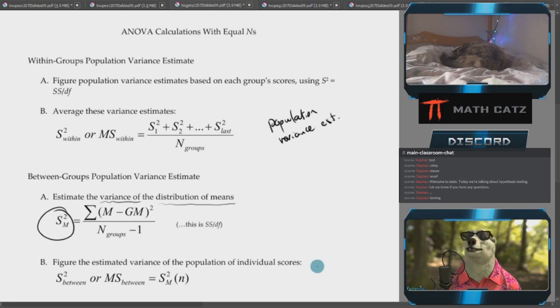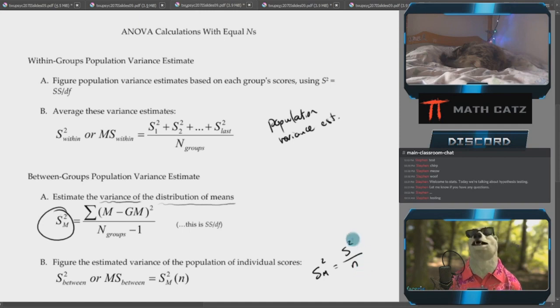So if you remember, what is the link between the variance of the distribution of means and the population variance? Remember, I just divide by the number of scores, or the sample size.